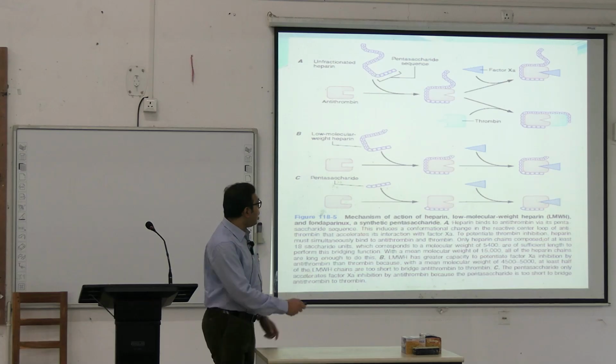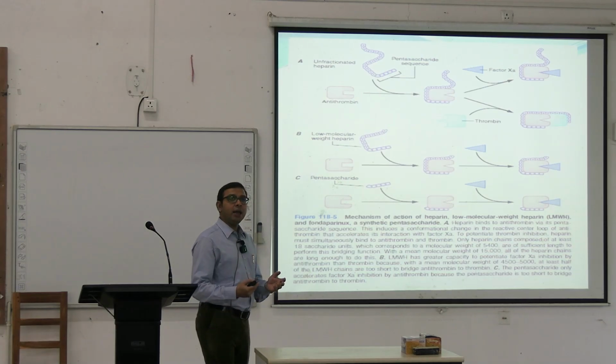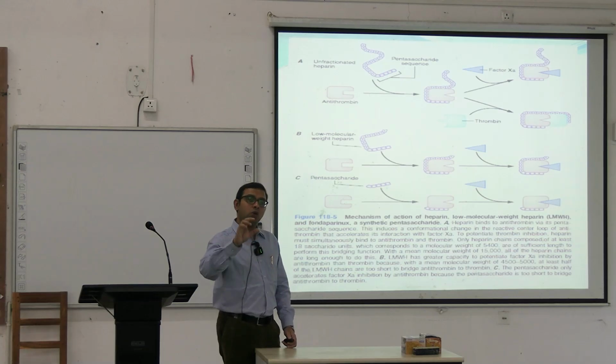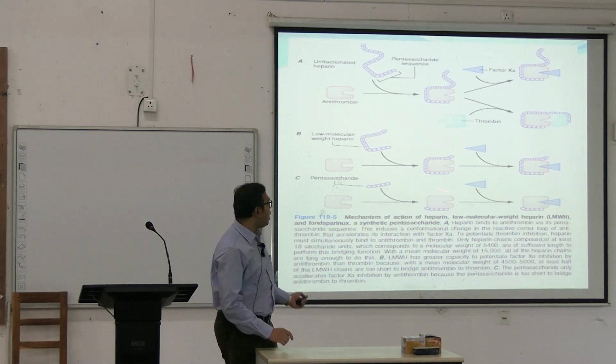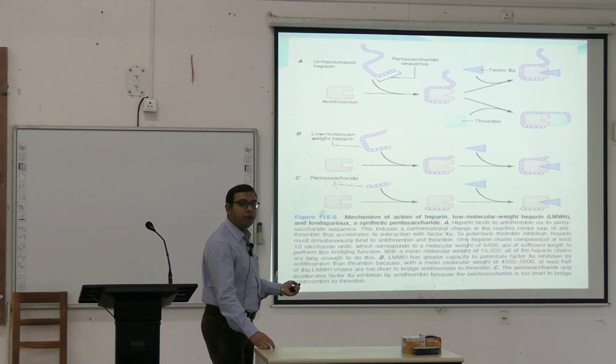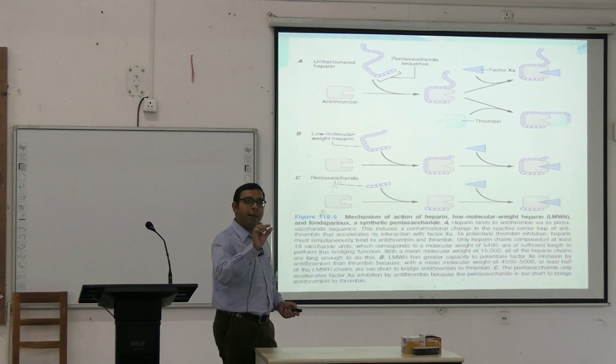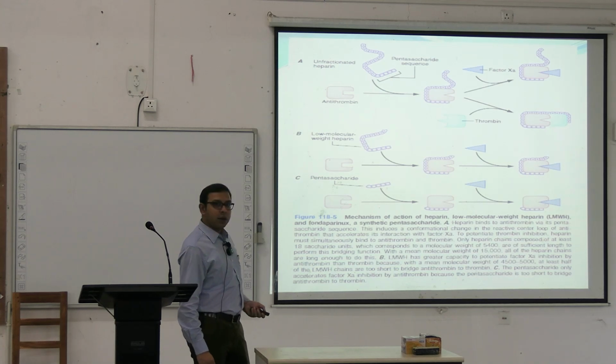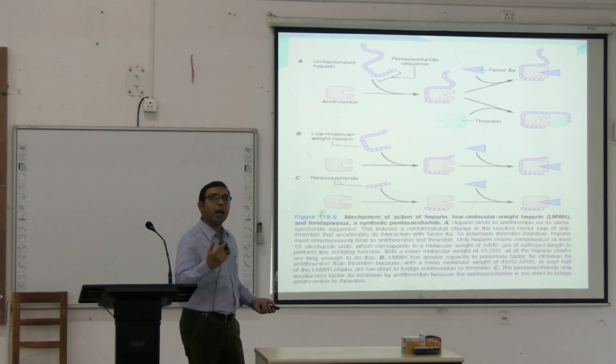So it is clear. Similarly, synthetically, it has been seen that we can even cleave this low molecular weight heparin to only a pentasaccharide sequence. This pentasaccharide sequence is the main active form, only these 5 saccharide units. This is a synthetically formed pentasaccharide unit, known as fondaparinux. It also produces a similar type of action.